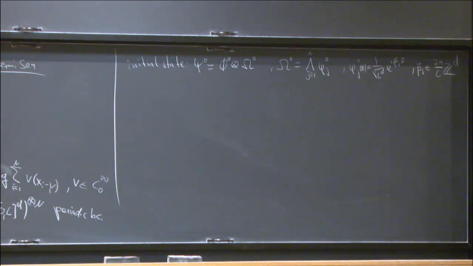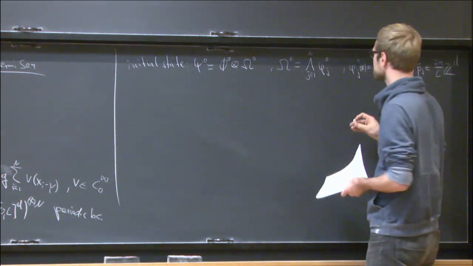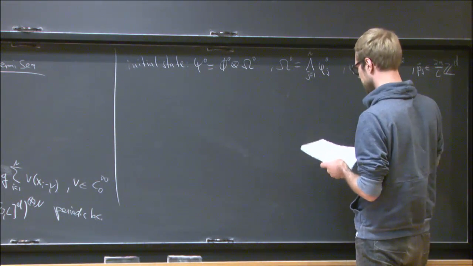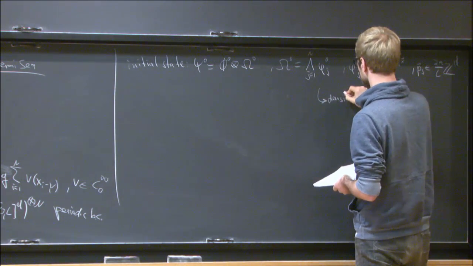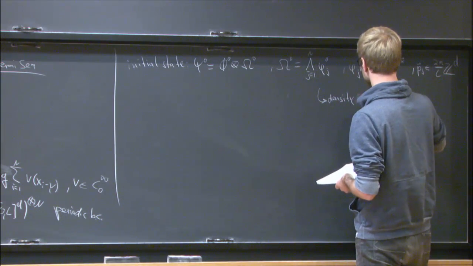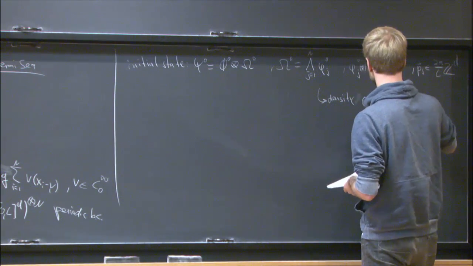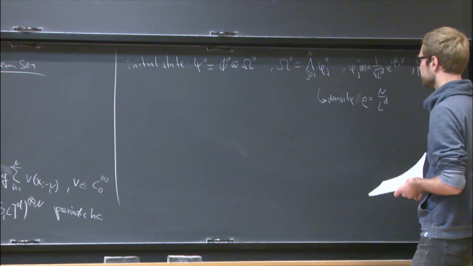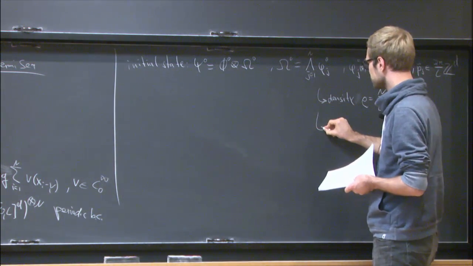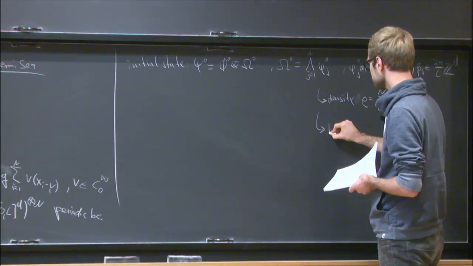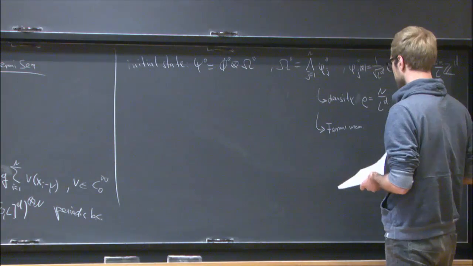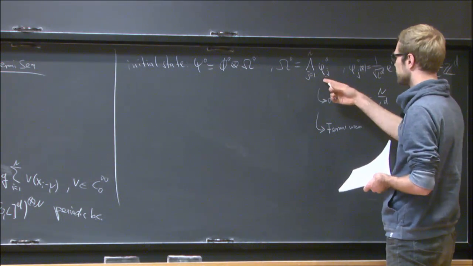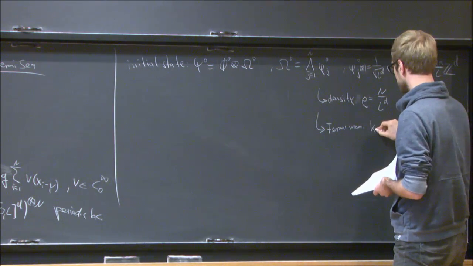Okay, so in this case, I have a very simple situation, namely I have a constant density throughout the box. So one parameter that defines the state is the density rho, number of particles divided by volume. And another important parameter is the so-called Fermi momentum, which is basically the highest momentum or also the average momentum that particles here occupy.